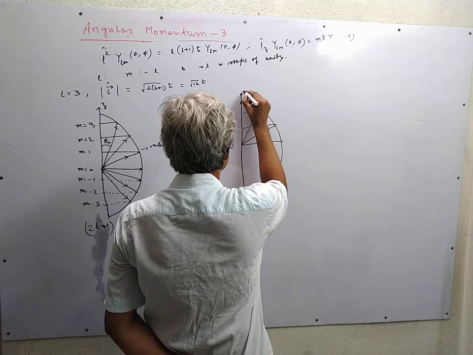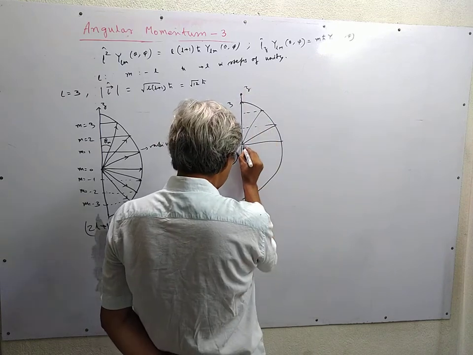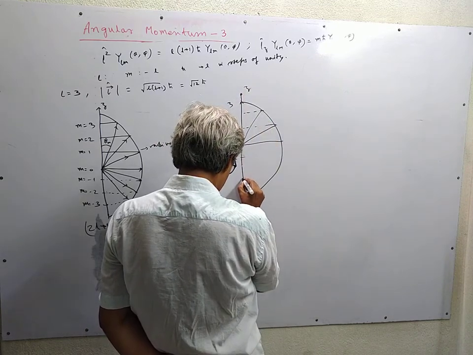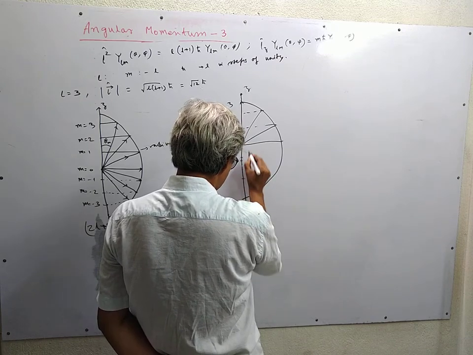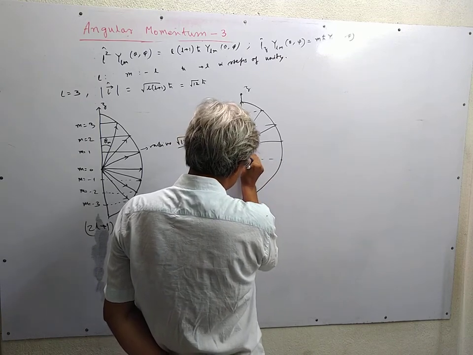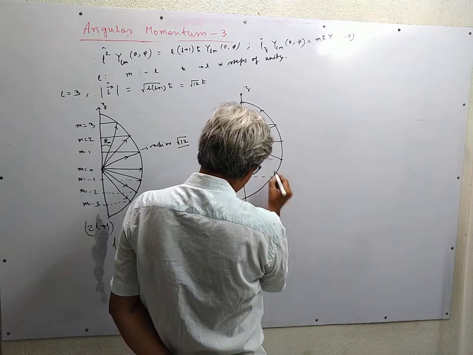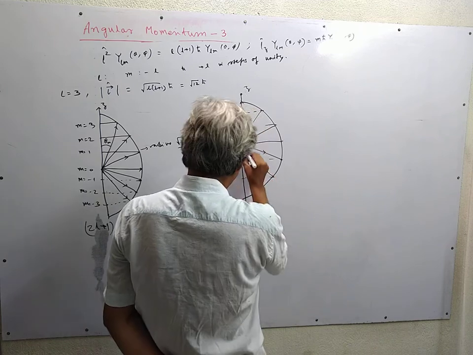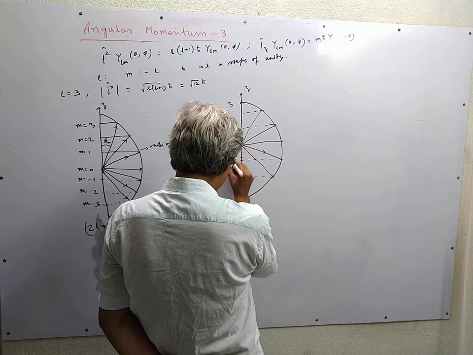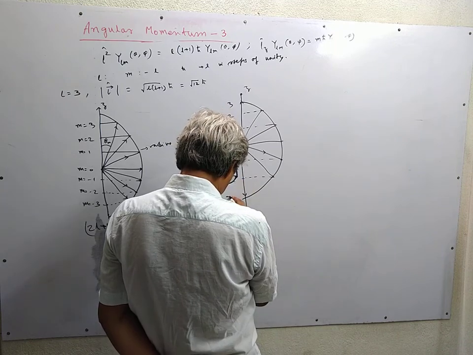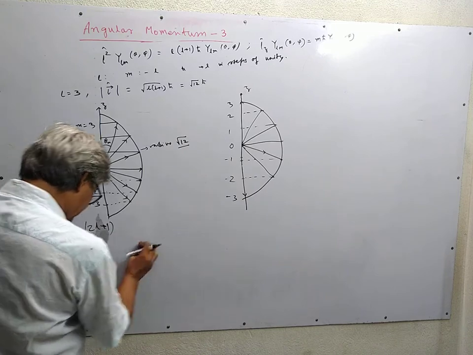This is the z axis. And similarly, this is minus 1, minus 2, minus 3.